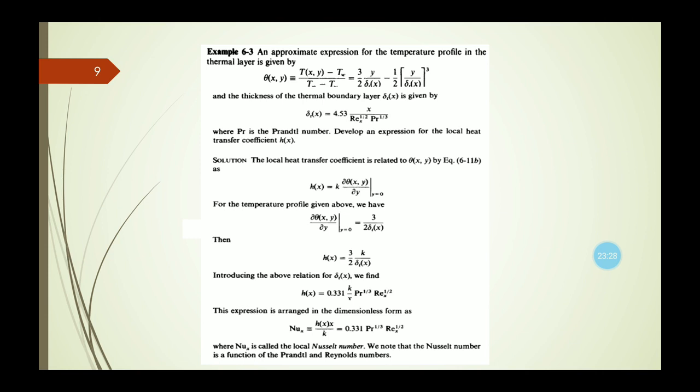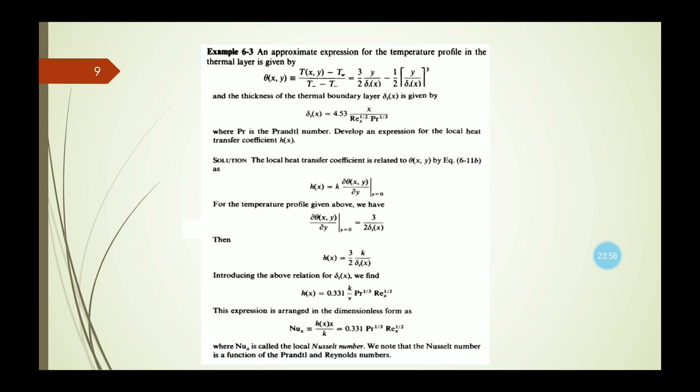It can again be represented in terms of the Nusselt number, which is hx x by k. So the expression can be rearranged as Nusselt number equals 0.331 Prandtl number to the power 1/3 and Reynolds number to the power half. The suffix is x, so this is the local Nusselt number.